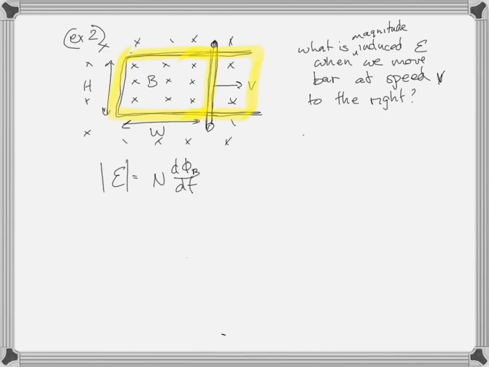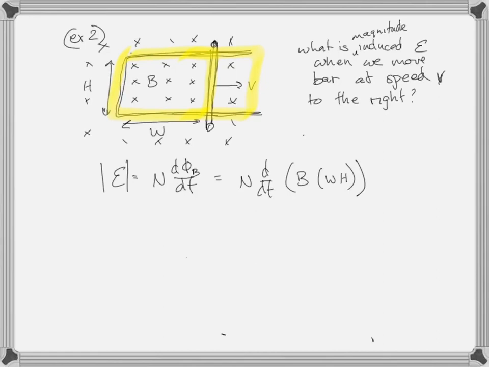So the magnitude. Okay. So in this case, the flux is B, right? B doesn't change. And A, the area, is W times H.